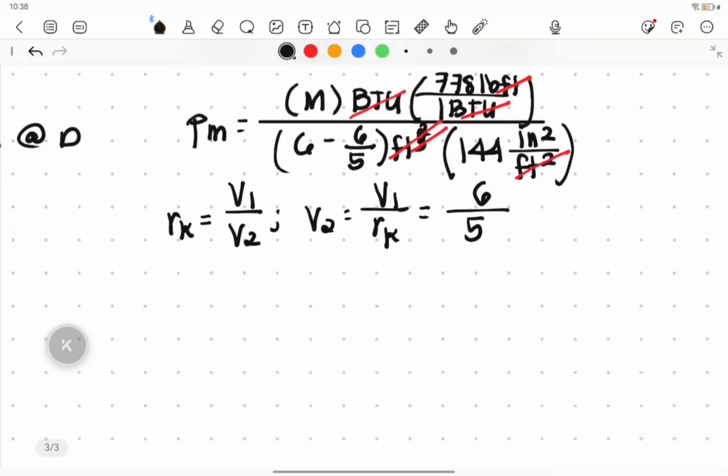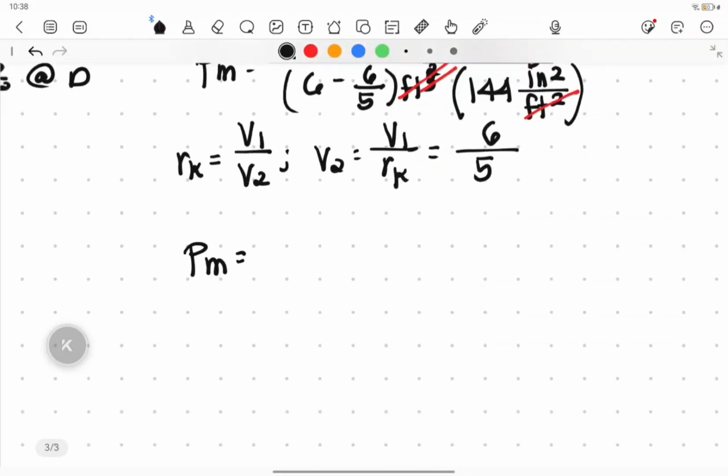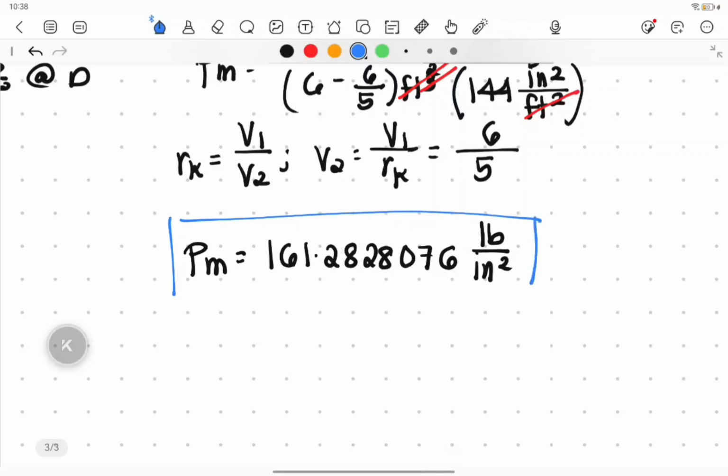So finally we have PM is what? My calculated PM is 161.2828076 pounds per square inch, and this is our final answer.